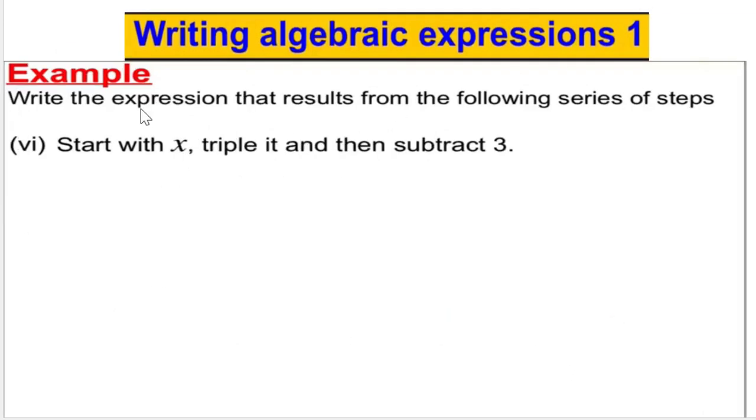Okay, next one, write the expression that results from the following series of steps. Start with x, triple it, and then subtract 3. So start with x, times by 3, make an arrow. So that is 3x, and then subtract 3. So this will become 3x minus 3.